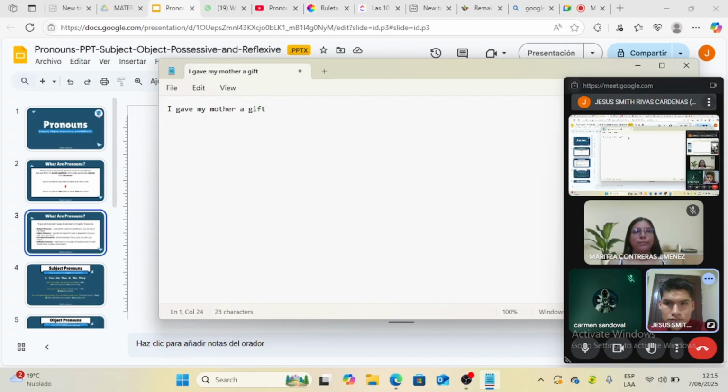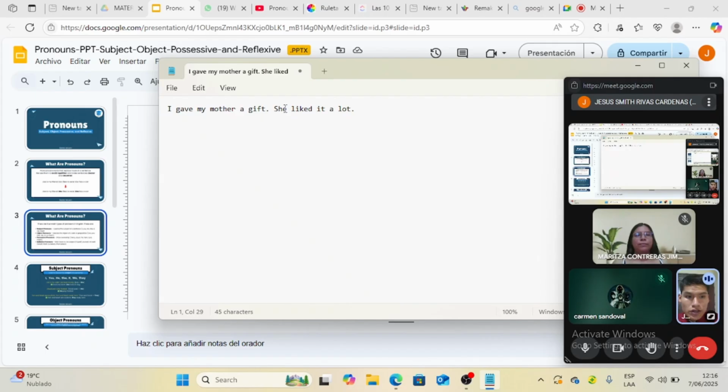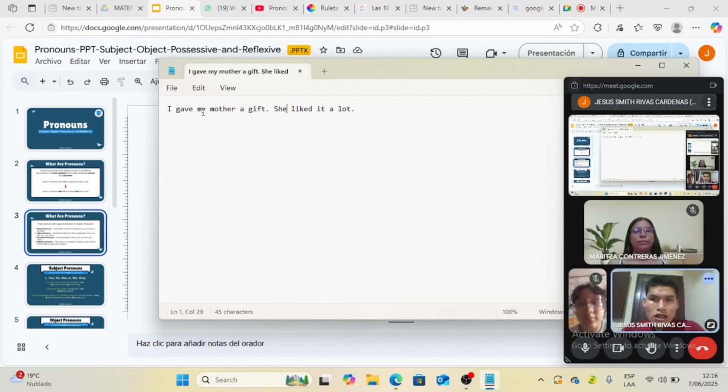Here, she liked it a lot. This is a perfect example where I'm using a subject pronoun. I'm using she to replace the noun my mother.